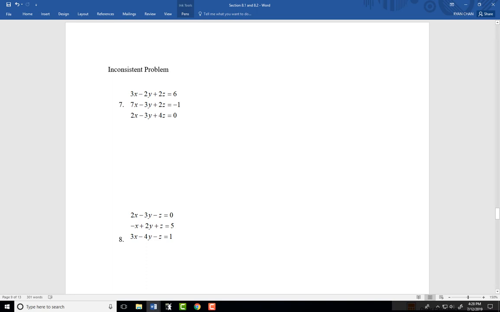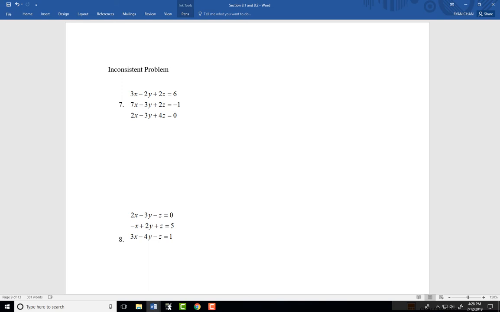Where we have what's called an inconsistent problem. So remember, you could have inconsistent, or you can also have all real numbers. Inconsistent is when all your variables drop out and the two numbers are not equal to each other.